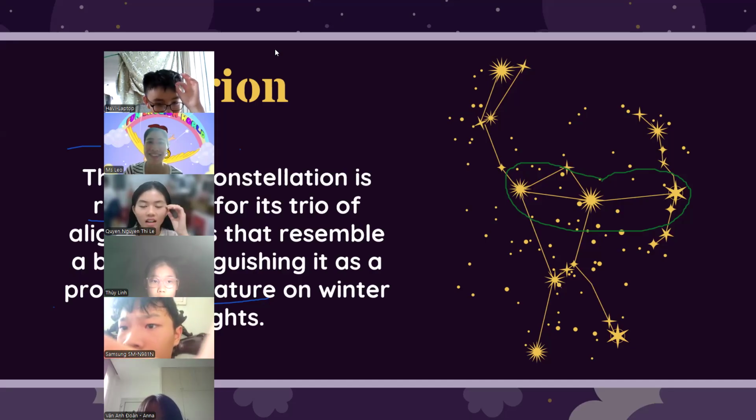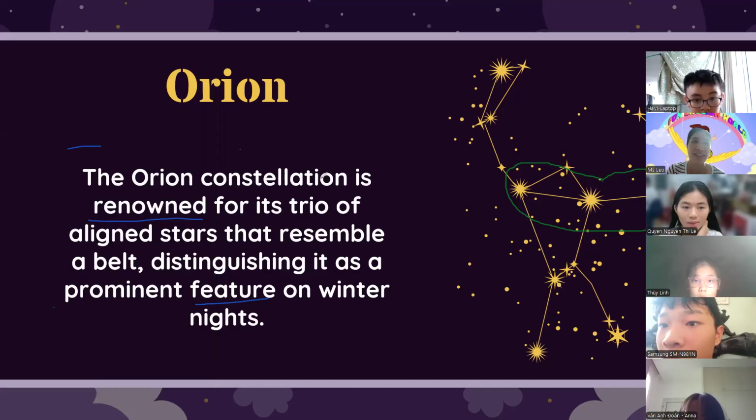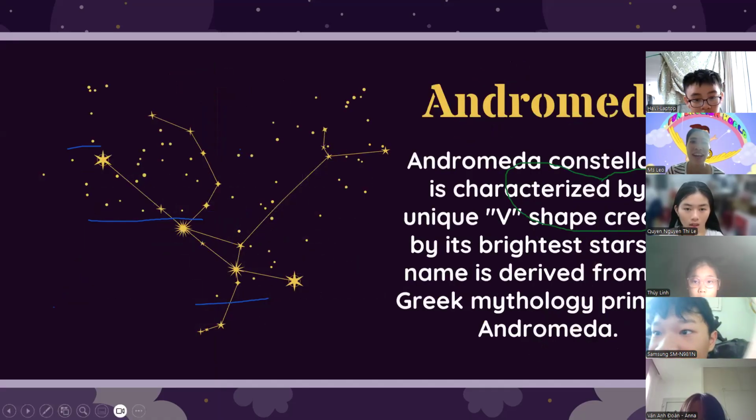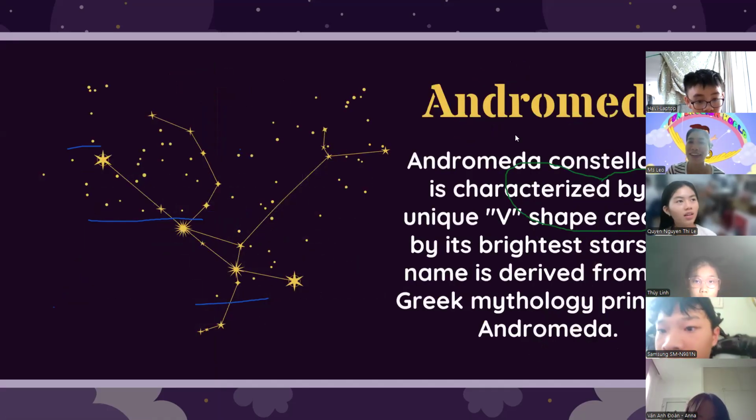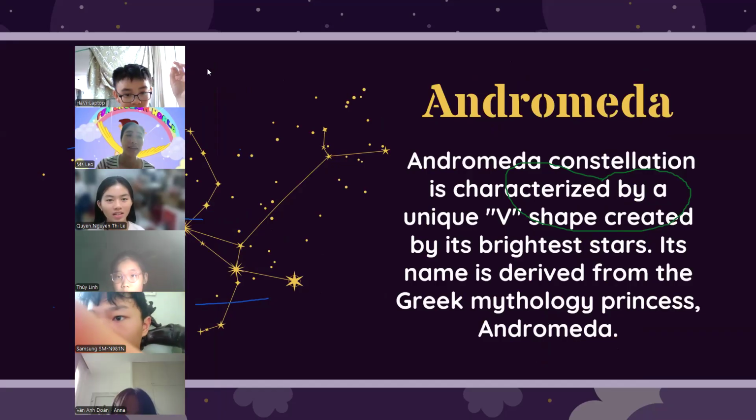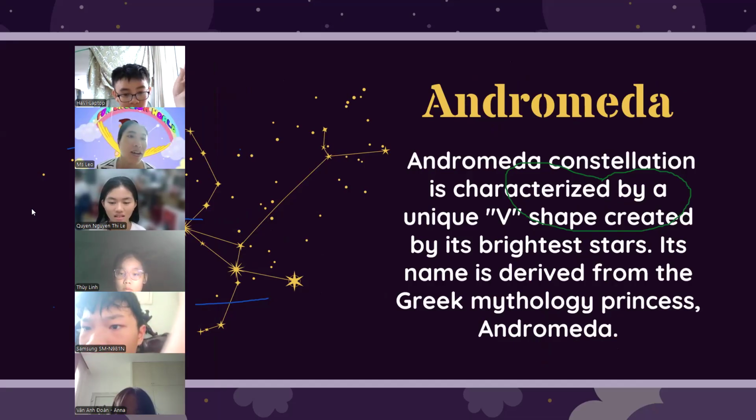The easiest one we can see in Vietnam is the Big Dipper. I can see it with Anna and my friends when we gather, without any telescope.